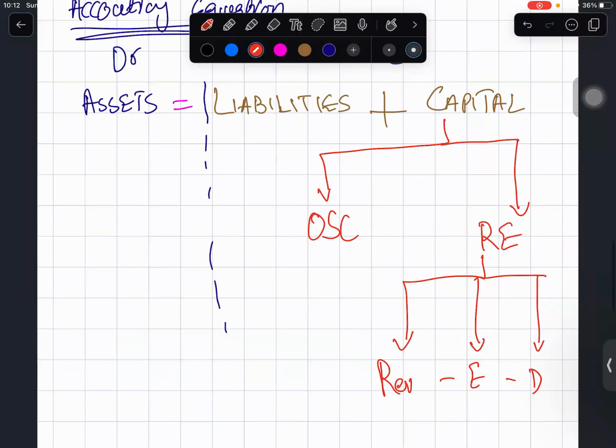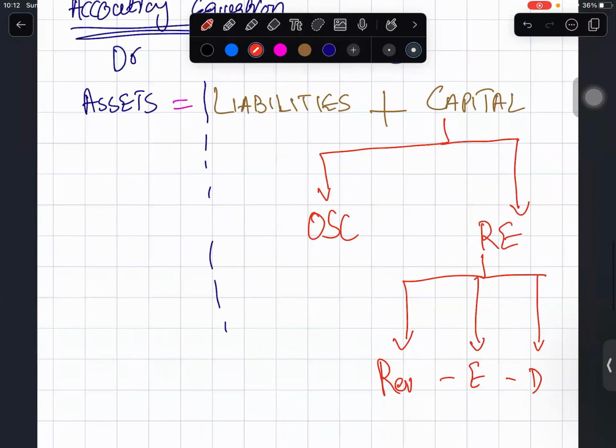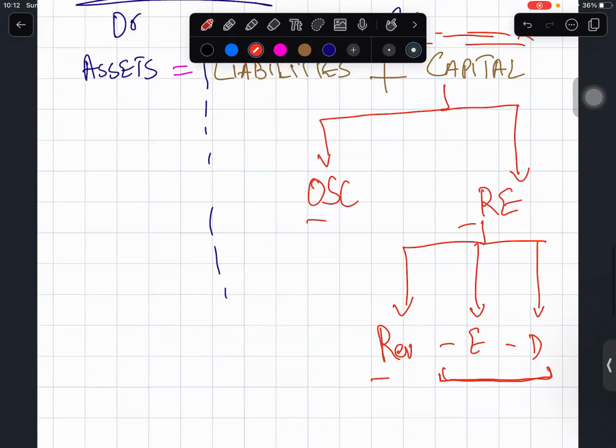Now, the reason why everything on this side has a credit nature, except for expenses and dividends, is because we can see that expenses and dividends, both our drawings, have a negative sign with them. Hence, if they're moved on this side, the sign would turn positive. So that is the reason why we actually debit these.